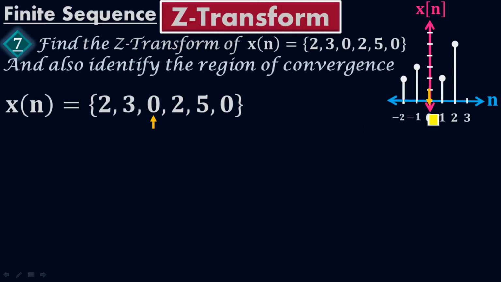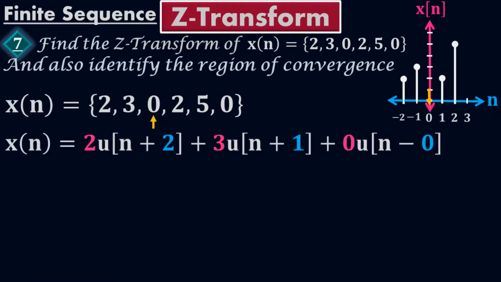I repeat it: if you don't identify the origin, these values can be the magnitudes for the advanced sequence, and you don't know exactly the location of the samples, or they can be the magnitudes for the delayed samples on the right side. Let me write x of n in the advanced and delayed form.